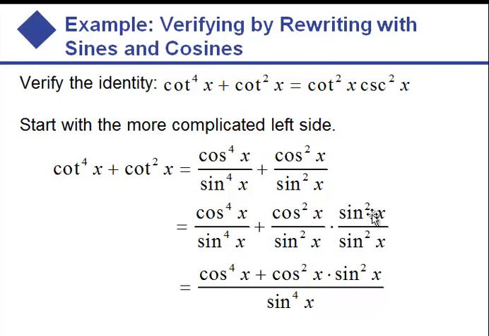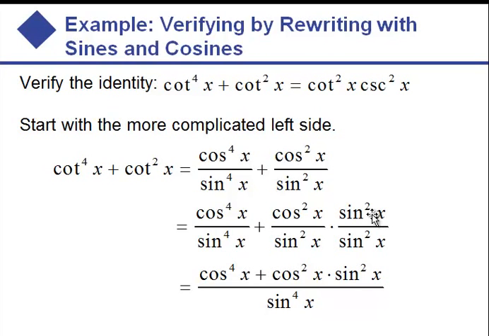Here's another example. Again, we're going to start with the most complicated side and see if we can make it look like the less complicated side. The left side is not the more complicated side strictly because it has a higher power. It's really more complicated because it's plus and minus, whereas the other one is just one piece, right? It's cotangent squared times cosecant squared. Okay, why do you think they're going to cosines and sines?